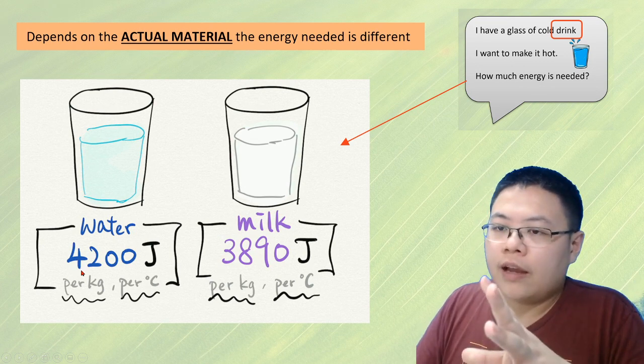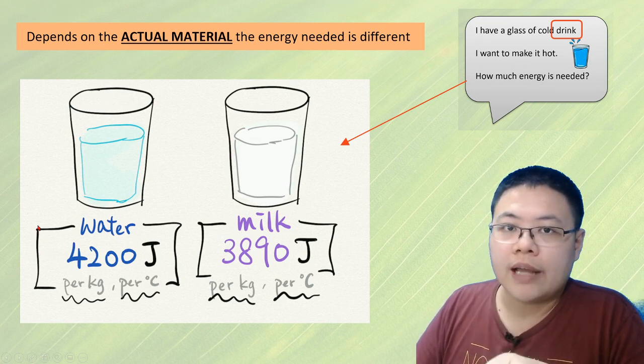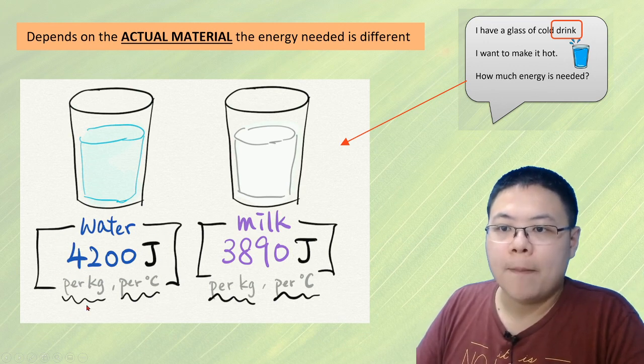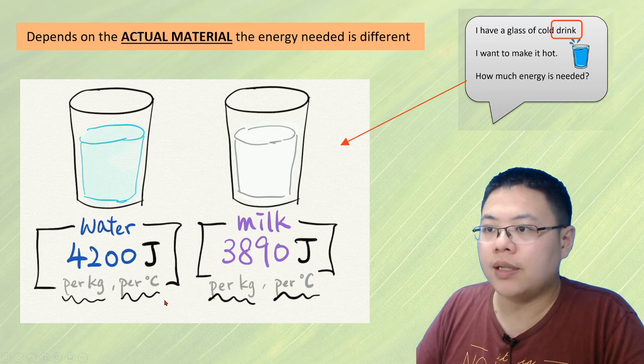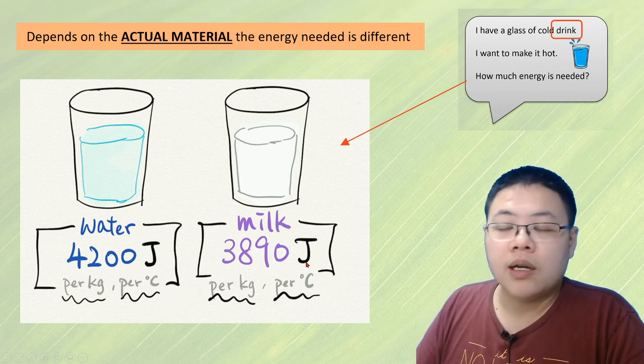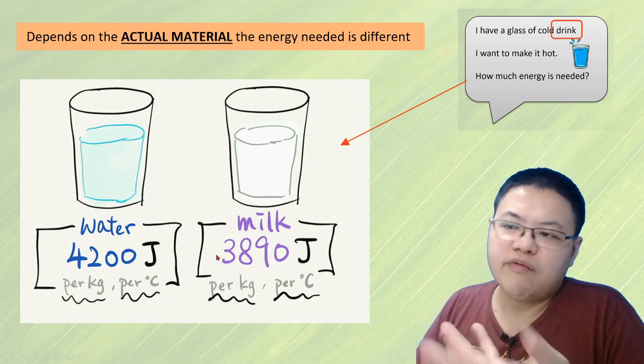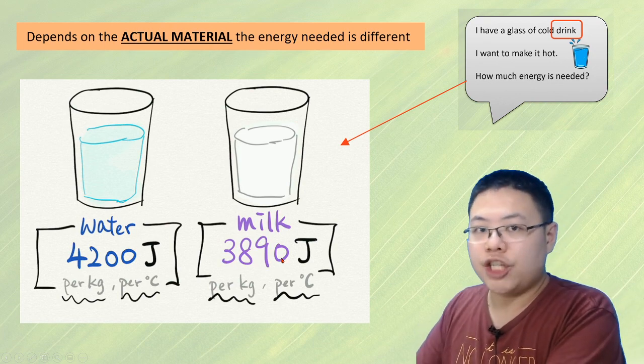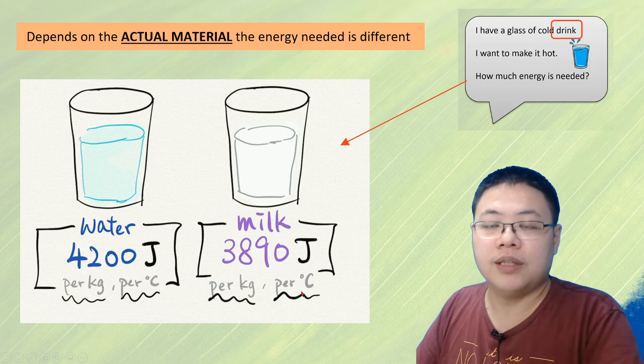If I have to heat up the water, I need 4,200 joule of energy per kilogram per degree Celsius. But for milk, it is less, just 3,890 joule of energy per kilogram per degree Celsius.